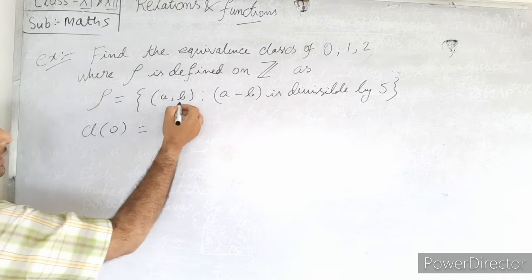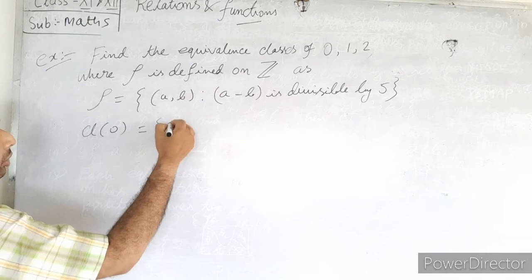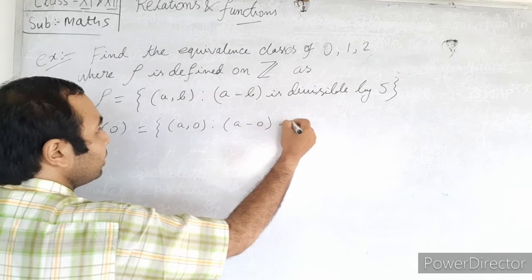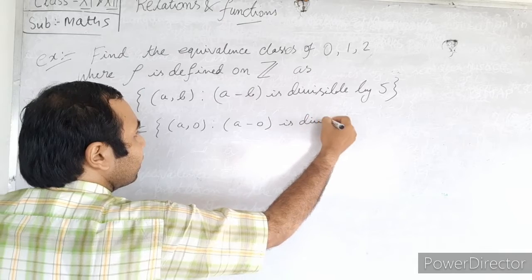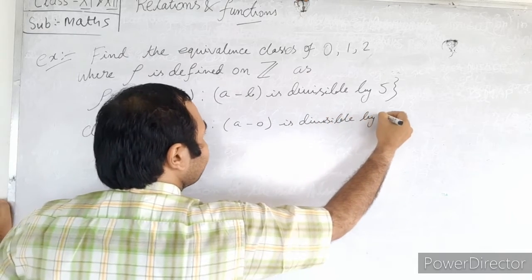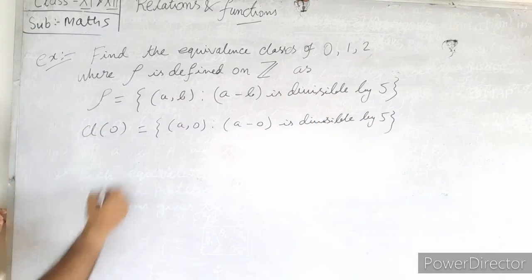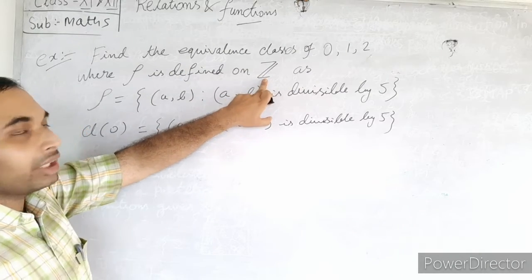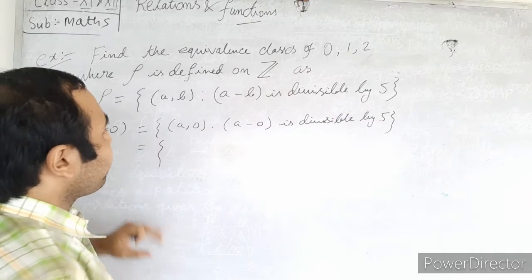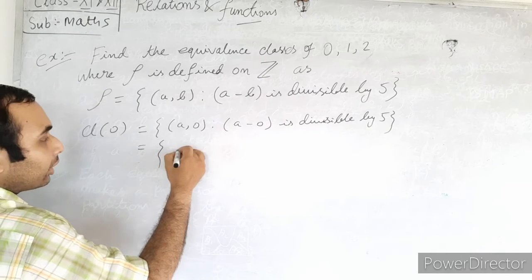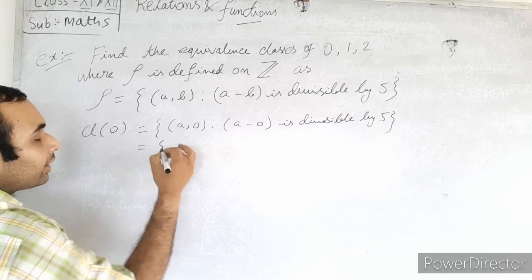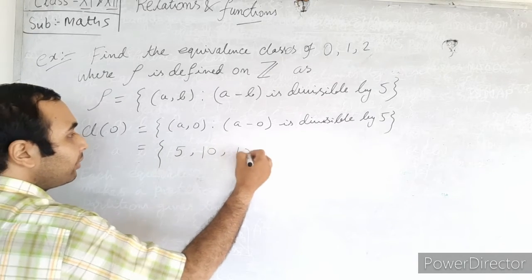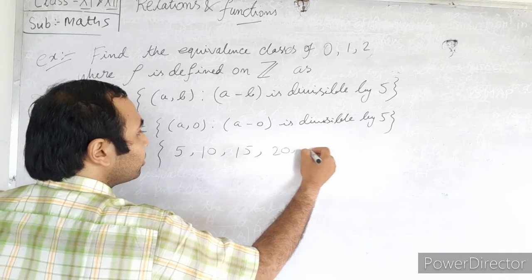That means the second coordinate is 0 here. If we want to say it like that, (a, 0) such that a minus 0 is divisible by 5. So the relation, mind it, is defined on the integer set. So obviously what will the elements be? 5 minus 0, that is 5, is divisible by 5. 10 minus 0, 15 minus 0, 20 minus 0, and so on.